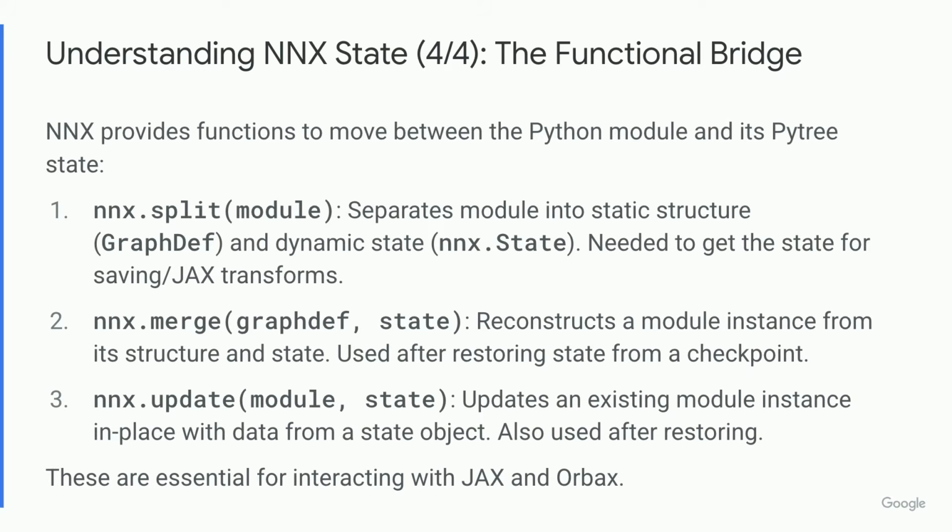This state is what you'd pass to JAX functions or save with Orbax. nnx.merge does the reverse. Given the structure and a state PyTree, perhaps the one you just loaded from a checkpoint, it builds a new module instance. nnx.update is similar, but instead of creating a new module, it updates the variables within an existing module instance, using the data from a state PyTree. We'll see these used heavily in the checkpointing workflow.